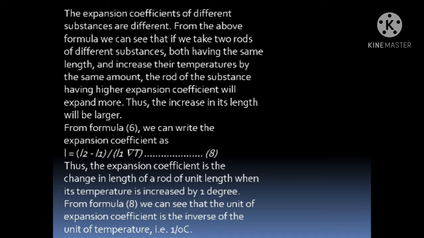This way we can find the value of lambda. So what will the formula become? Lambda is equal to L2 minus L1 divided by L1 multiplied by delta T. Here lambda is the coefficient of linear expansion, so its value is fixed. It is always given in the question if a numerical comes on this concept.